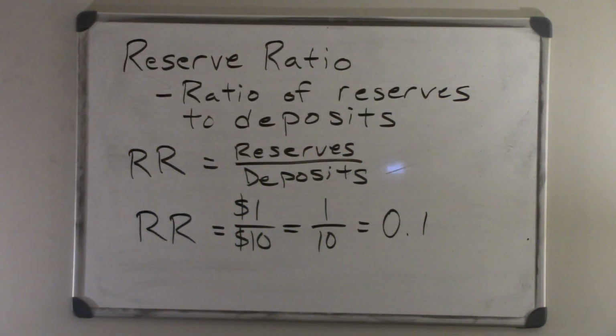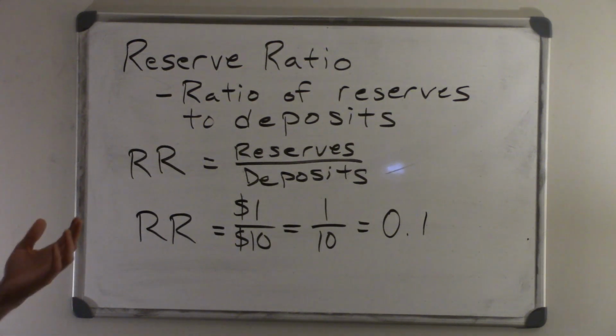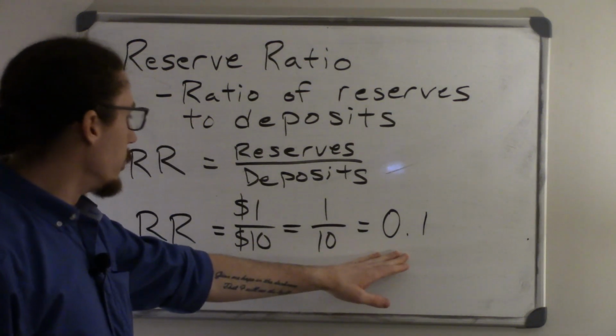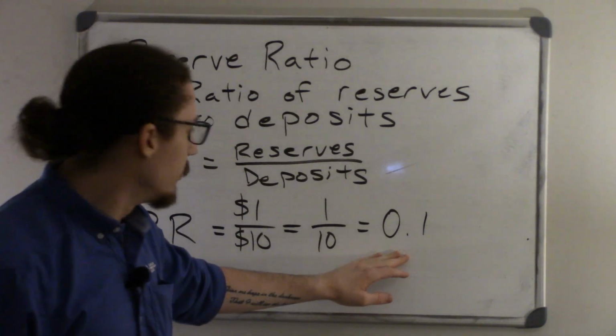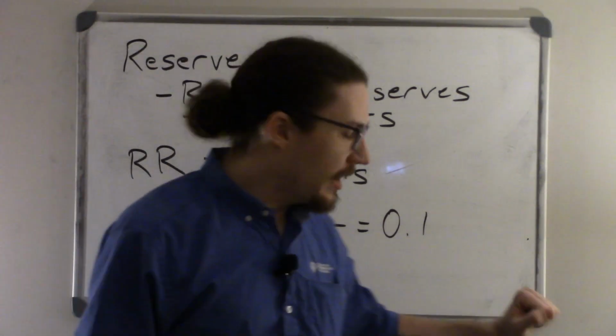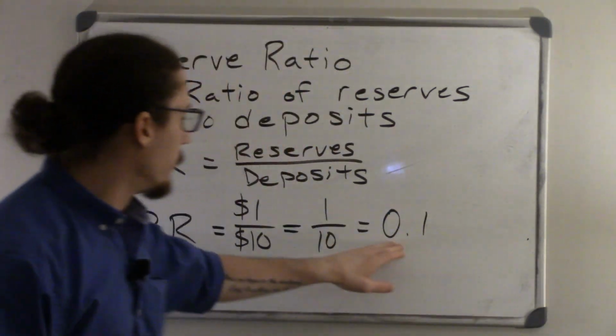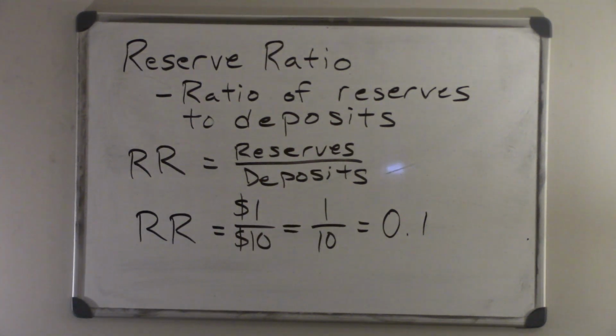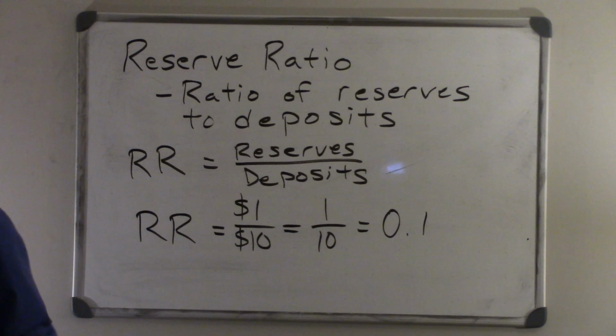That's the whole point of a minimum. So if the Fed says you have to hold $1 out of every 10 deposited, then this is the lowest your reserve ratio can be. It can be higher than that. If you want to hold $2 out of every 10, that would be perfectly fine. But that is our reserve ratio.